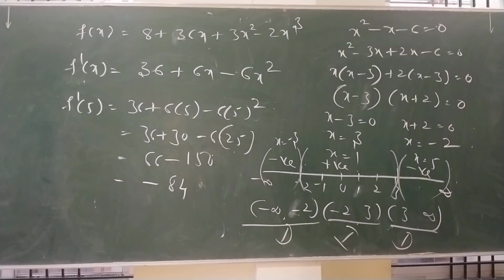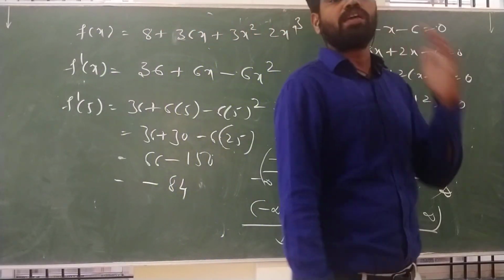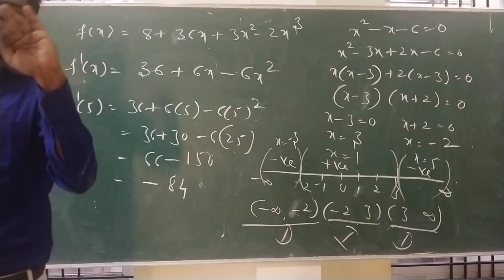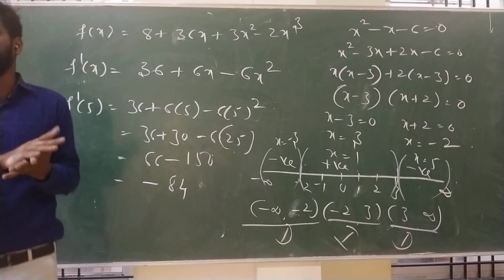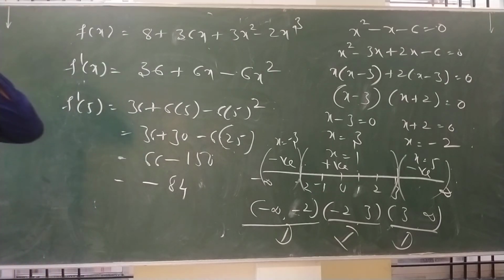Yesterday in class we discussed how to find the solution of strictly increasing and strictly decreasing, and today we found the intervals of strictly increasing and strictly decreasing. These two types of problems are strictly increasing and strictly decreasing.